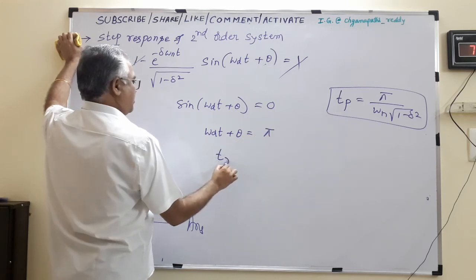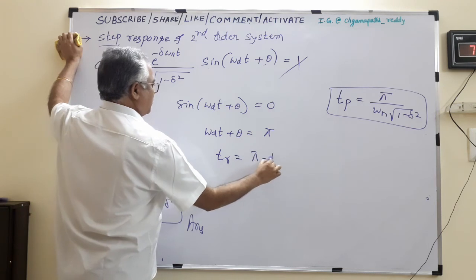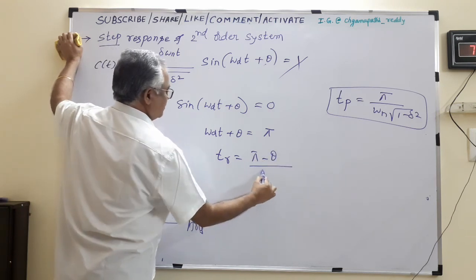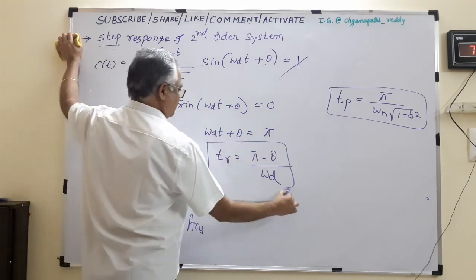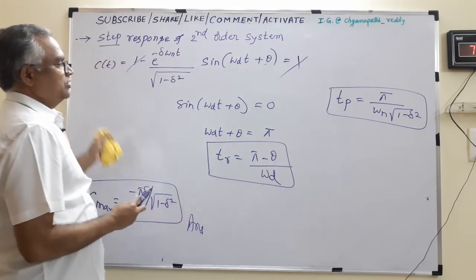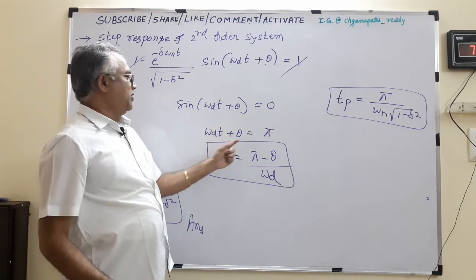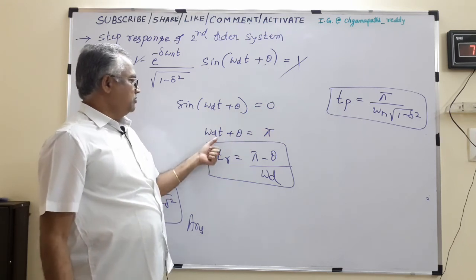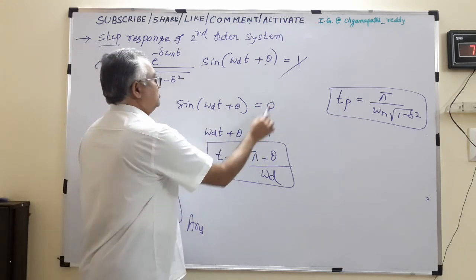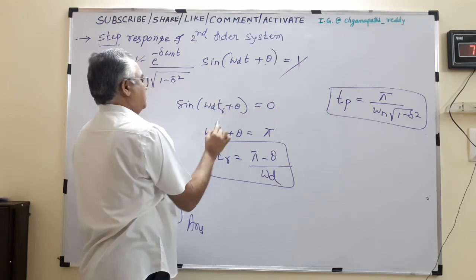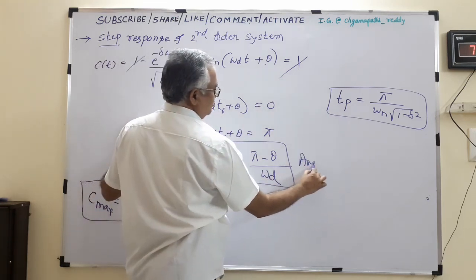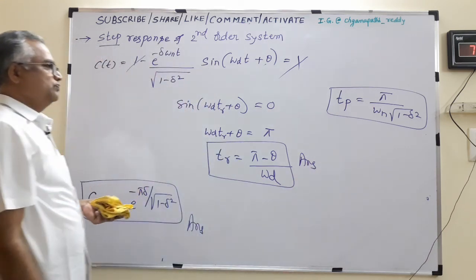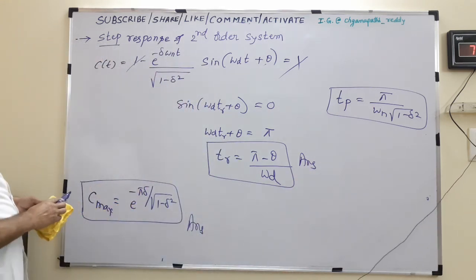So what is TR now? Pi minus theta by omega d. This is the rise time. If this is equal to pi, it will be 0, and this t is TR. So rise time is this.